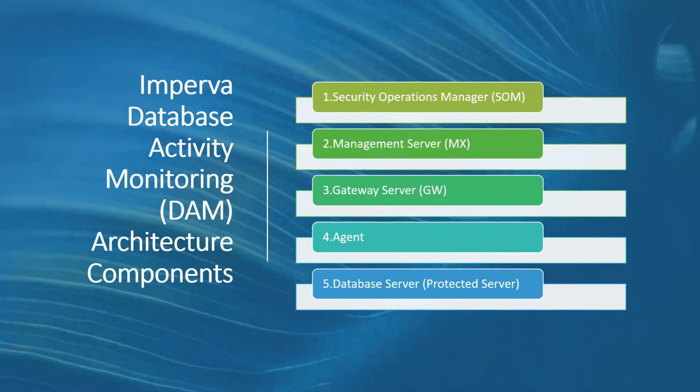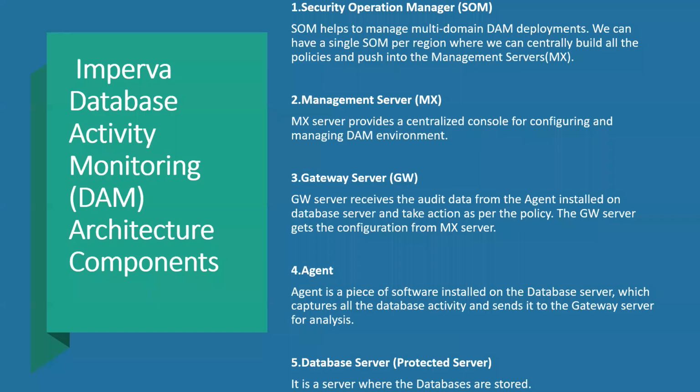There are 5 components in Imperva DAM: the security operations manager, the management server, the gateway server, the agent, and the database server, which is also called the protected server. We will look at the components of Imperva DAM in a little bit more detail.